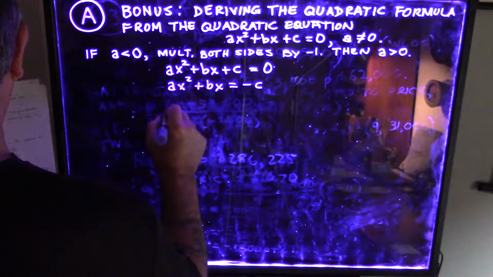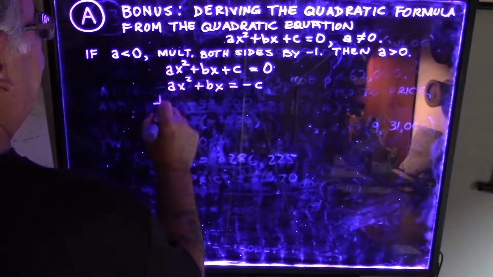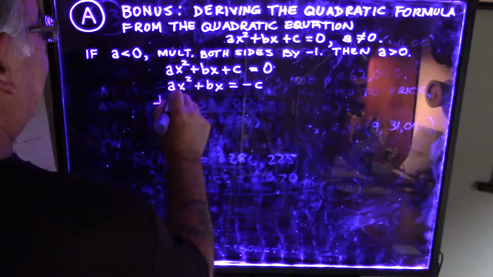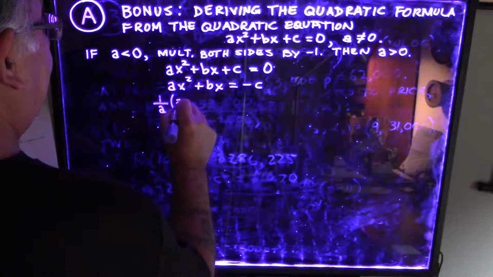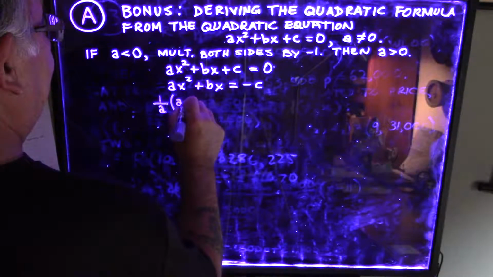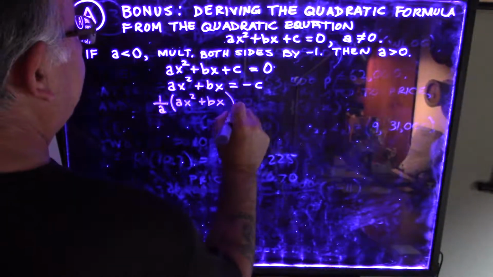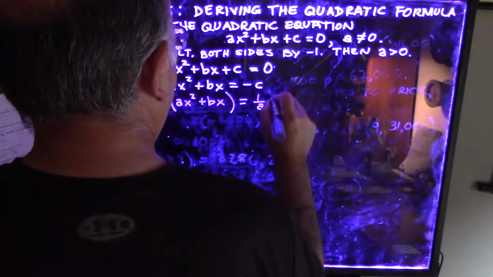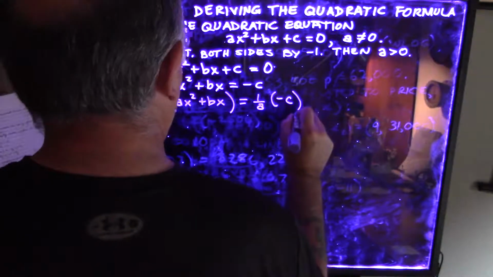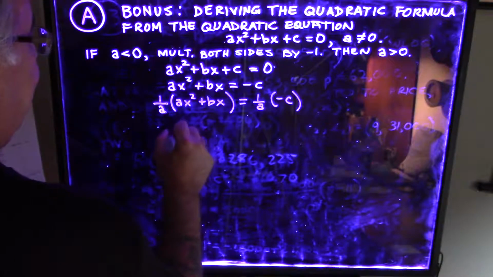So we're going to multiply both sides by 1 over a. So we're not getting rid of it, we're just changing it a little bit. We're just multiplying both sides by 1 over a times -c, and that'll give us a leading coefficient equal to 1, which makes things a lot nicer.